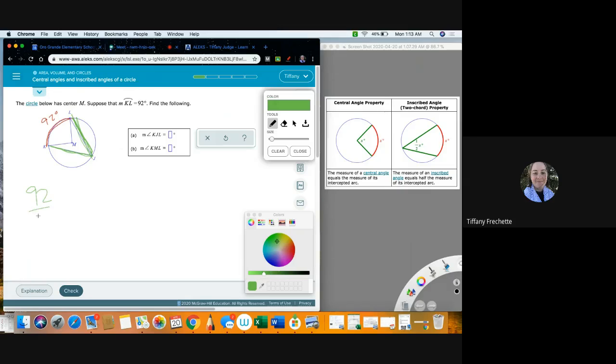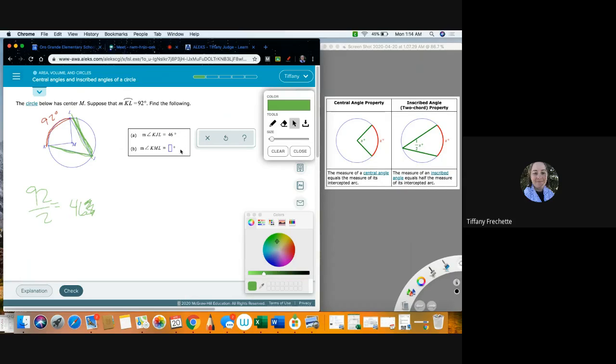So we're going to take 92 and divide by 2 because we take the arc and we divide by 2 to go to the angle. So let's see, it goes in 4 times... 92 divided by 2, we should get 46. Oh, dividing by 2. What am I doing? It's not a 3, it's a 6. Silly me, just dividing by the wrong number in my head.